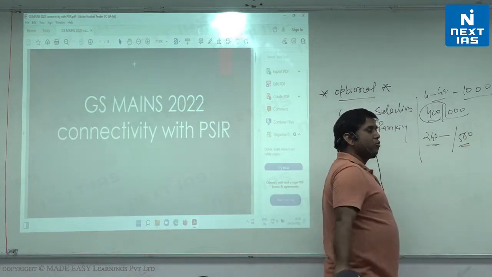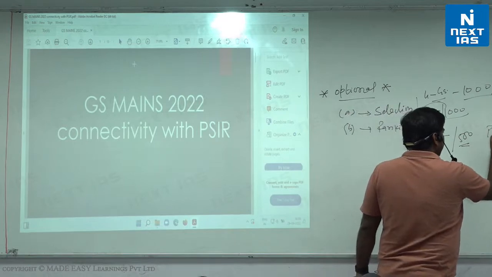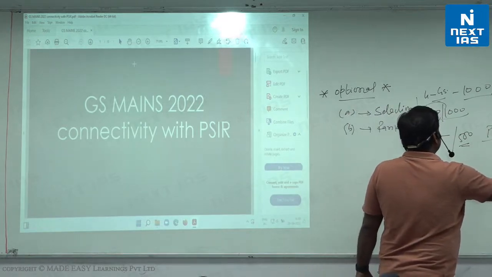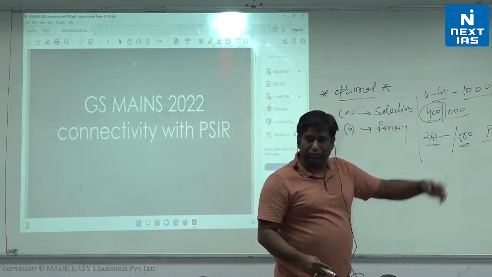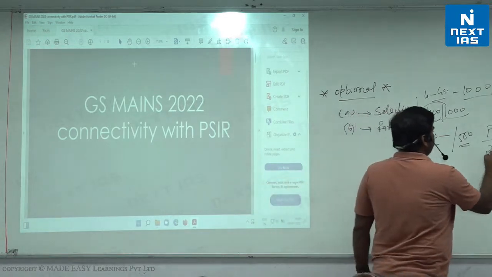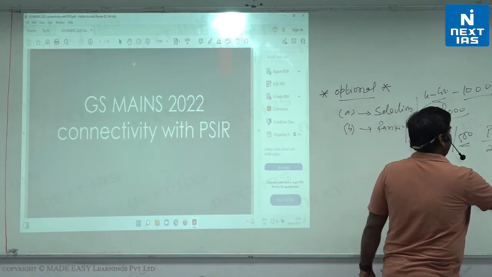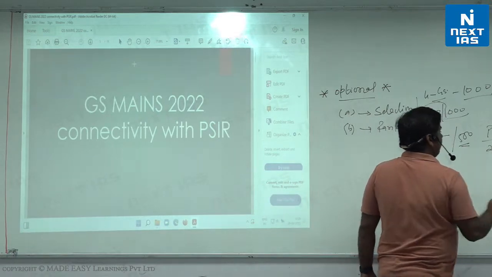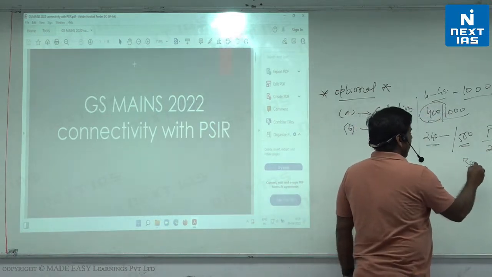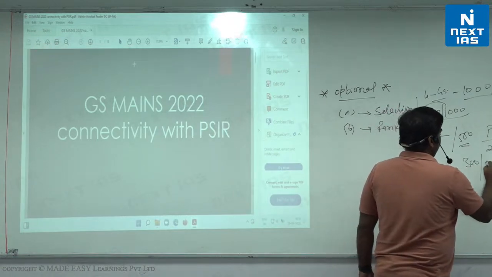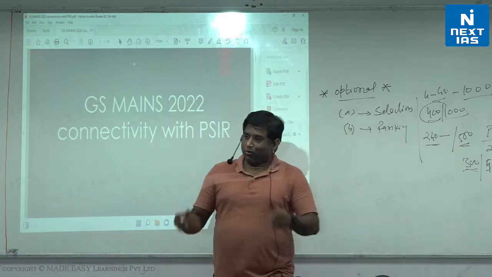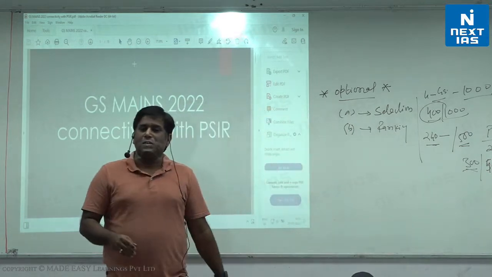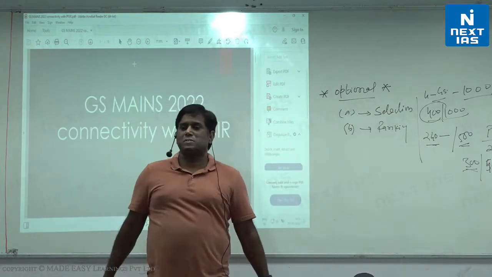In PSIR, students in the range of selection score from 200 to 325. Even if you take an average of 300 out of 500, the total time spent on optional is max 5 months.